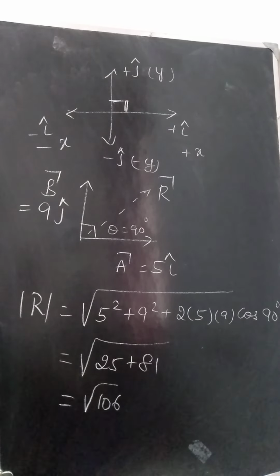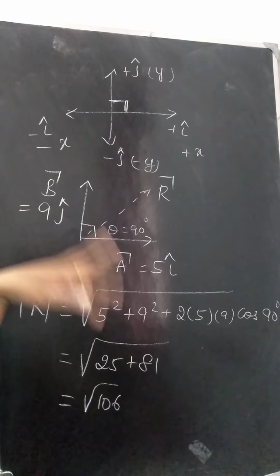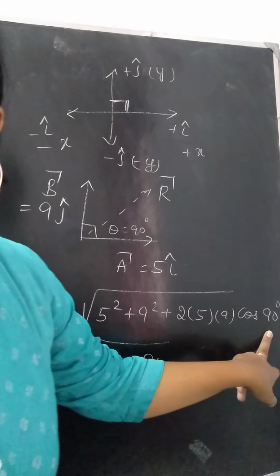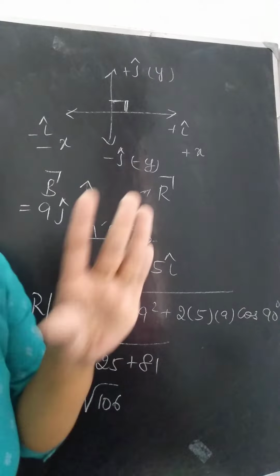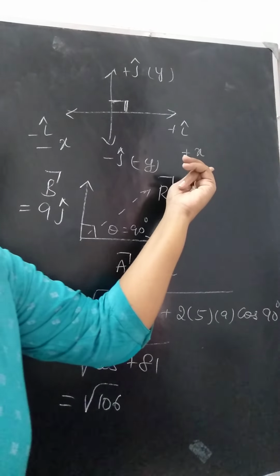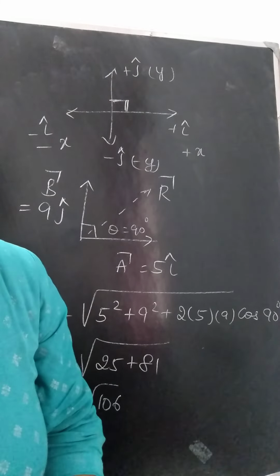How to find it if it is with an angle? If it is making 30 degrees or 45 degrees or 60 degrees, then you have to substitute the angle here. If they have given i and j cap, we should know the coordinate system. i cap indicates the plus x, j cap indicates the plus y. Sure?